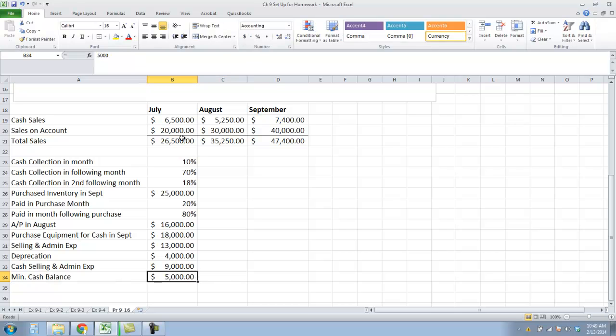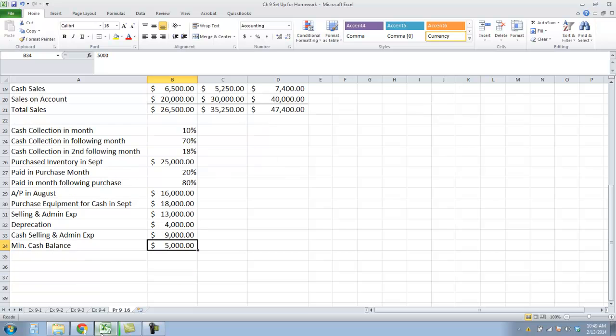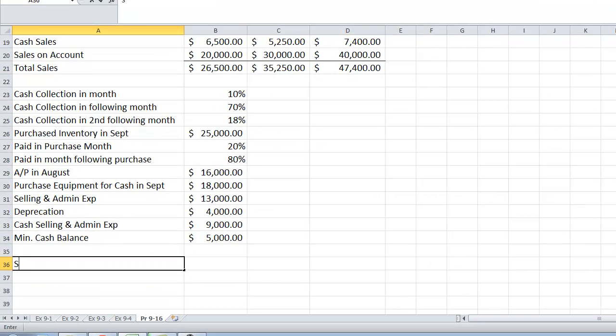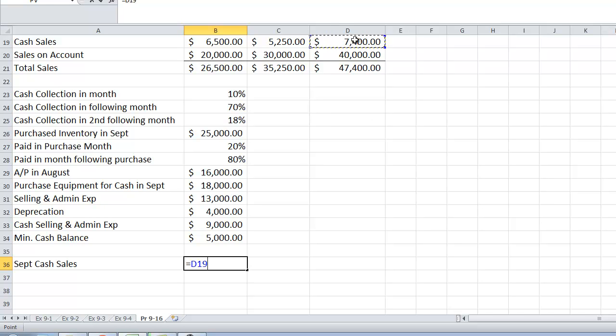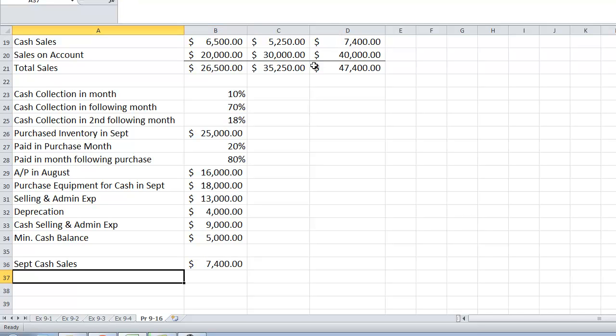Okay. So the very first thing that we should do is start with September's cash sales. And then September's cash collections on account.